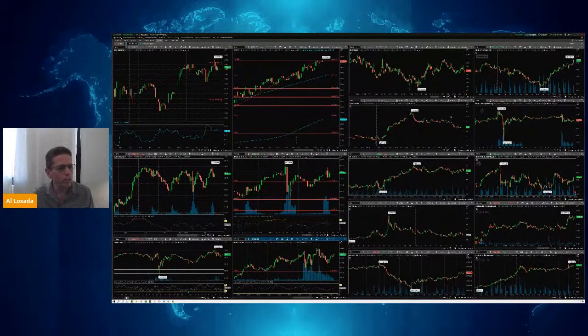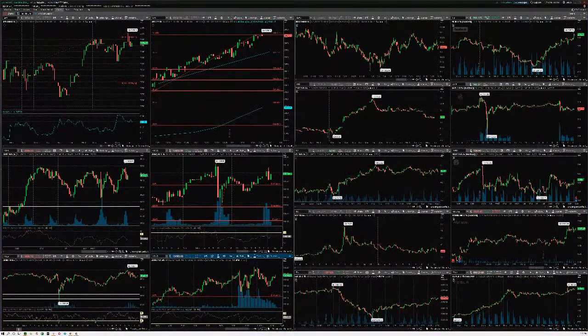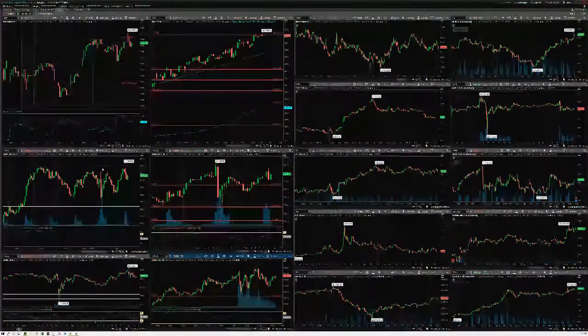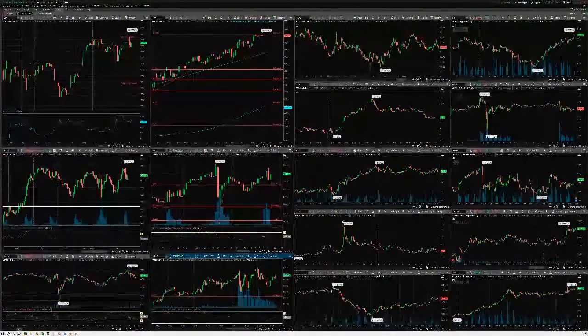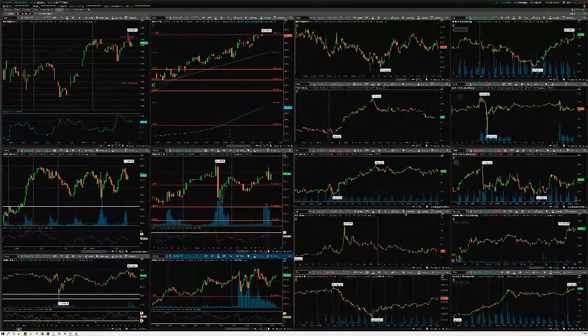Okay, so this is my main screen, where I just take a big picture view of the market and where we are. This is the SPX up here. These are futures, MES and MNQ, on a lower scale here, and then other stocks and indices that I use in my trading.